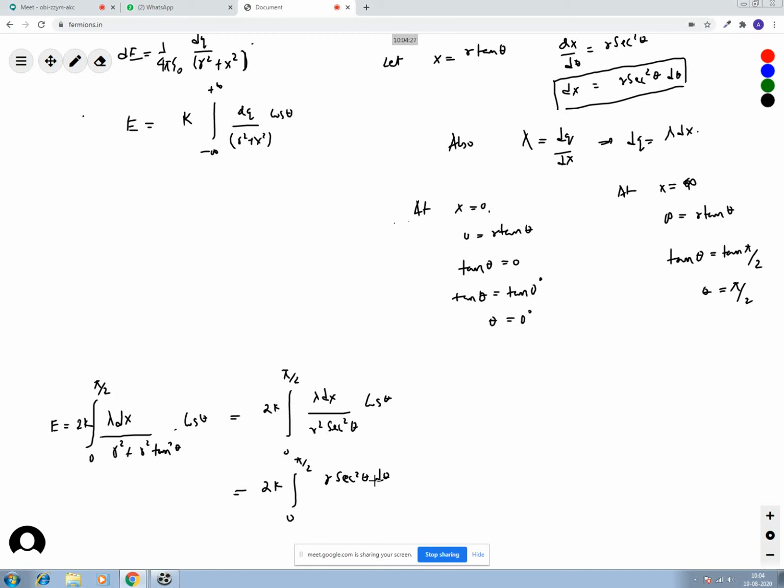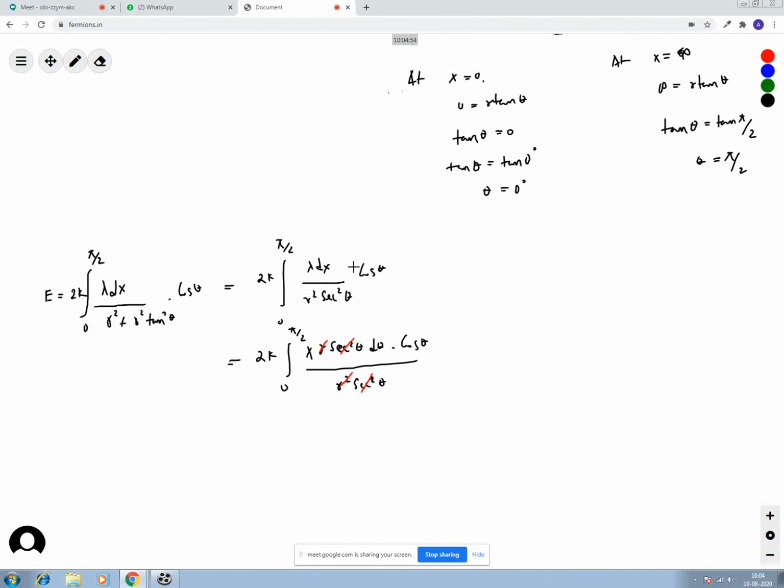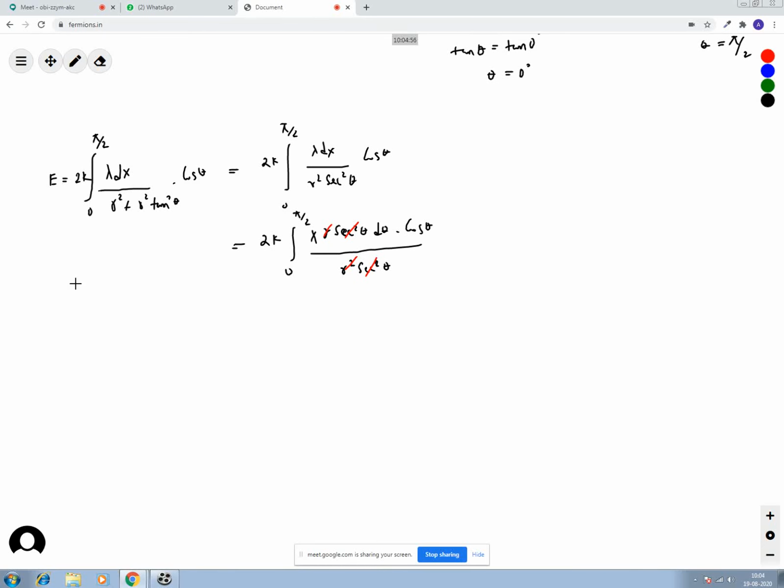I am changing dx to this, lambda will also be there, into cos theta divided by r square sec square theta. Now you note, sec square cancels, r gets cancelled, and I am left with only 2k lambda cos theta d theta, which you already know how to integrate.